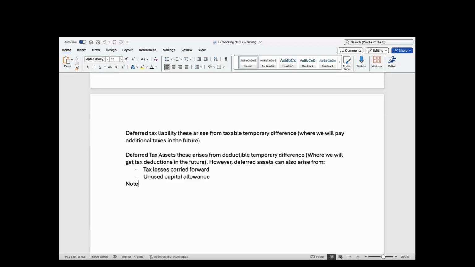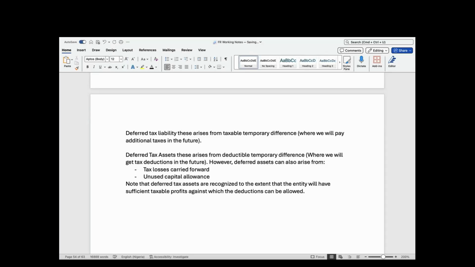But IAS 12 says that, know that deferred tax assets are recognized to the extent that the entity will have sufficient taxable profits against which the deductions can be allowed.